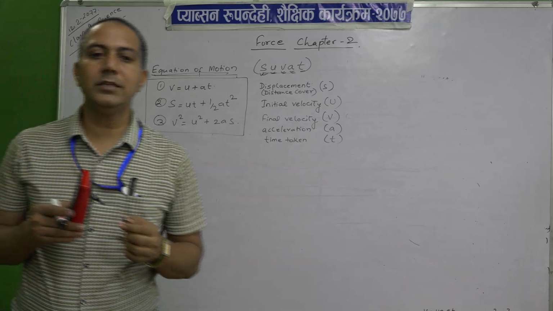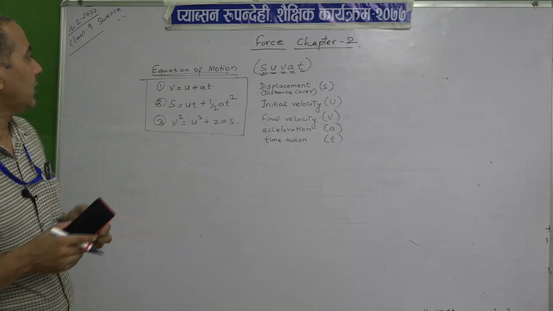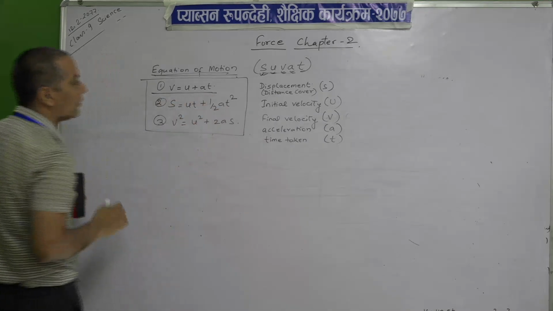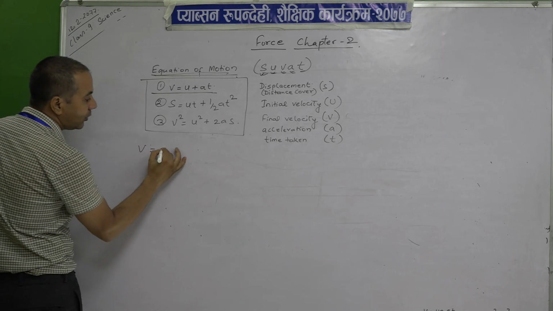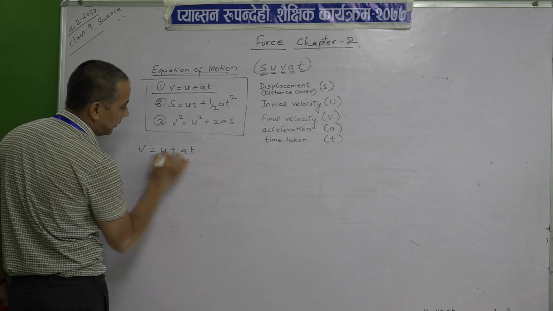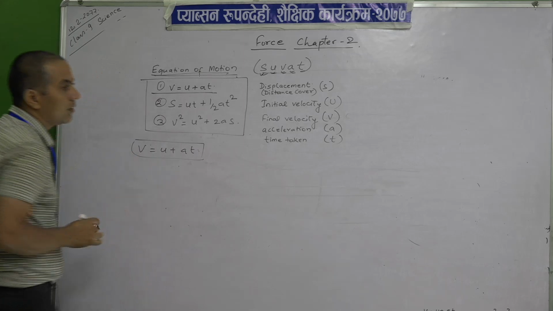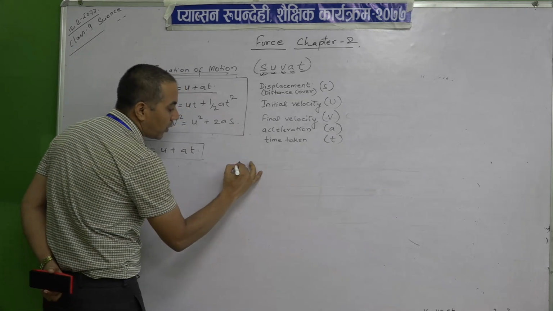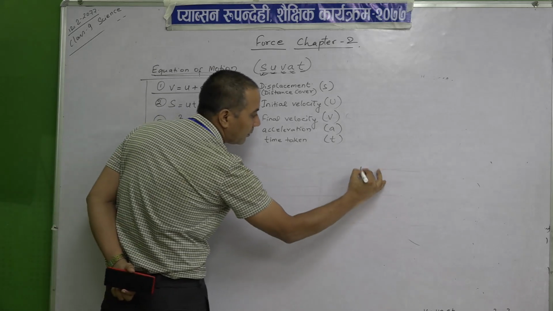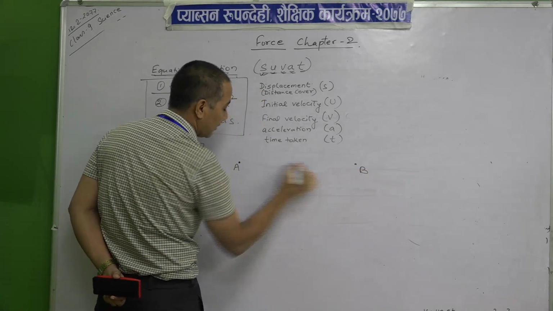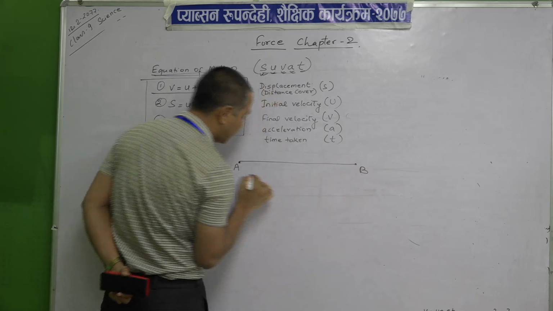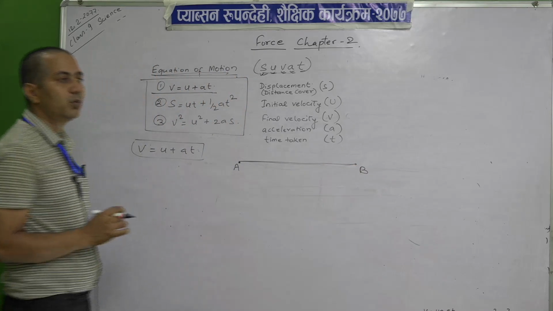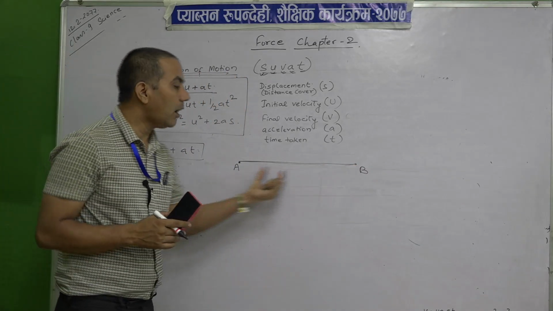So let us go to the first equation, v equals u plus at. Suppose there are point A and point B, and an object is moving in a straight line.